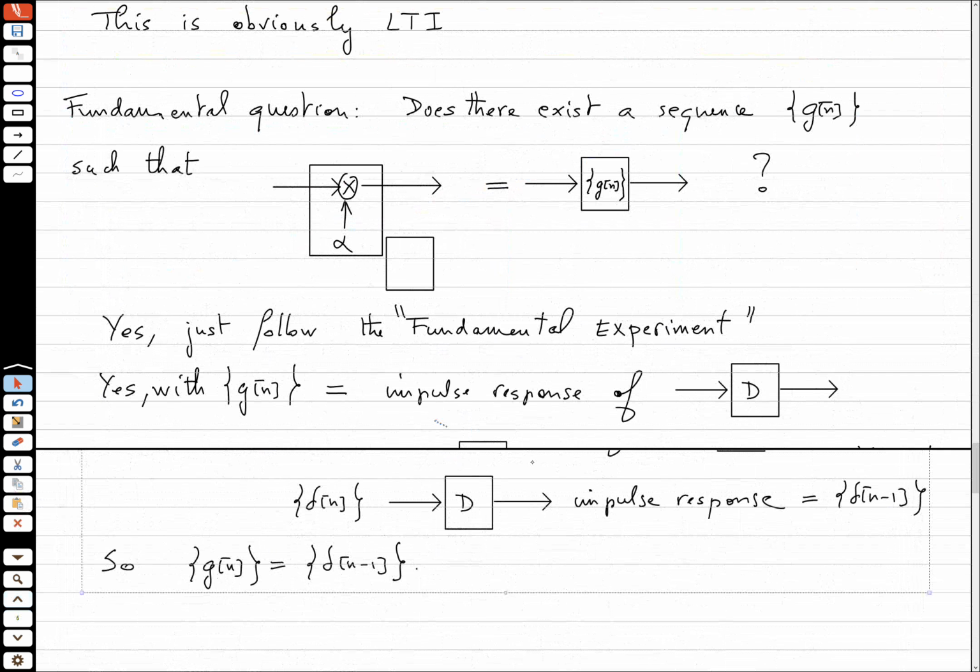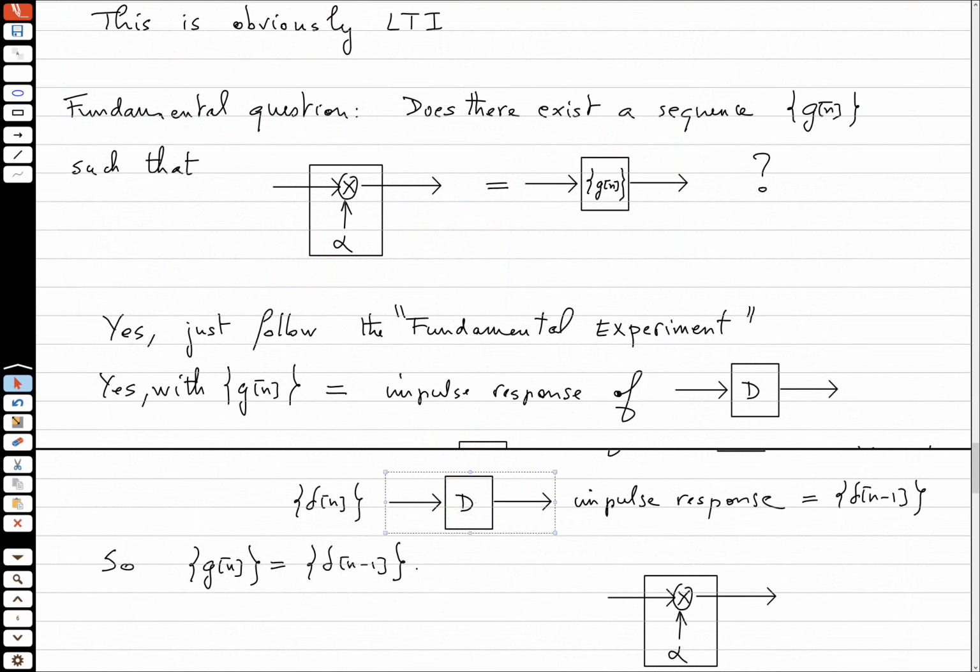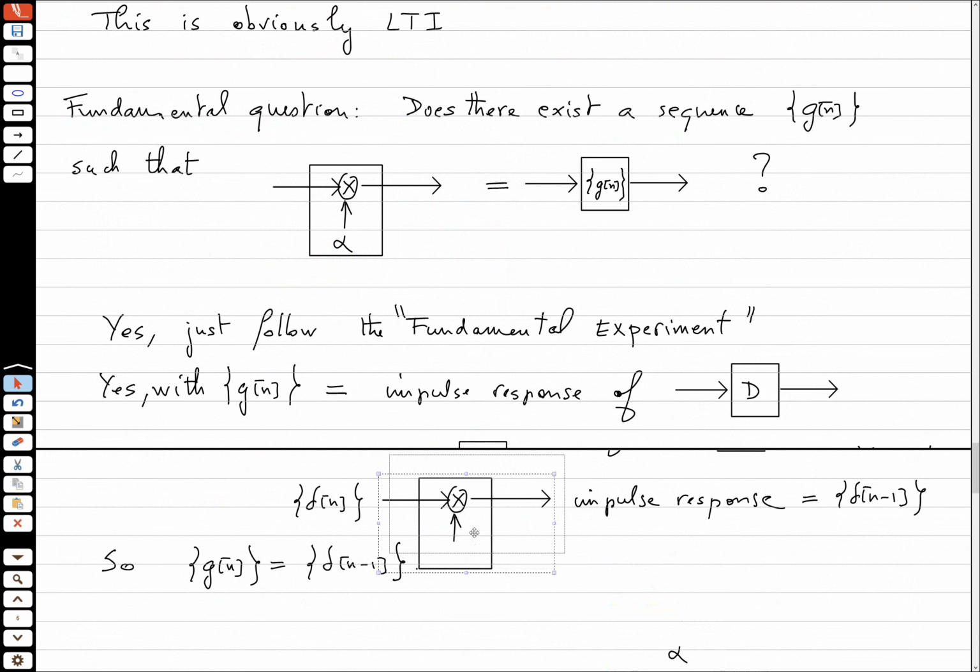So what I need to do is get the impulse response of this, and you get alpha delta.